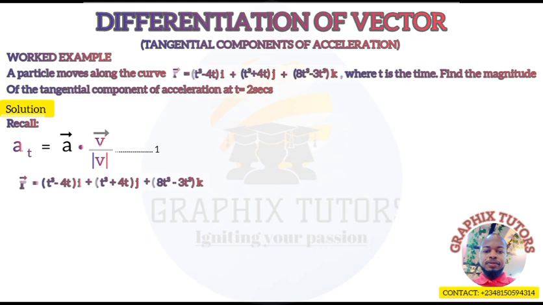We've gotten all that we want. If I can look for my velocity and the magnitude of the velocity, and I also look for my acceleration, that means I've successfully calculated my tangential component of acceleration. So let's kickstart and see.